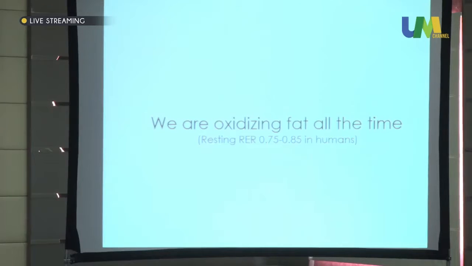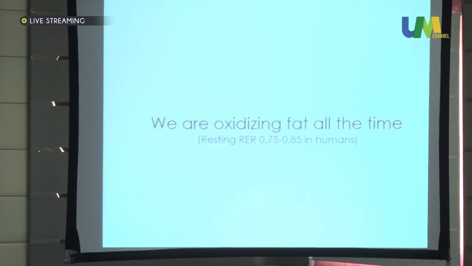So if I ask the question, if exercise does not oxidize fat, then how do we lose fat? The answer is right here. We are actually oxidizing fat all the time. This is very simple to measure.